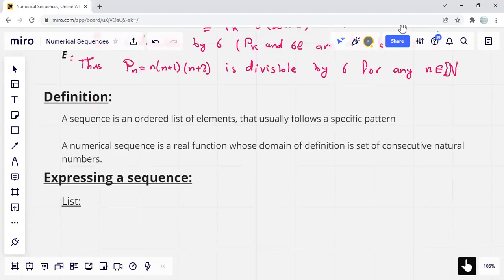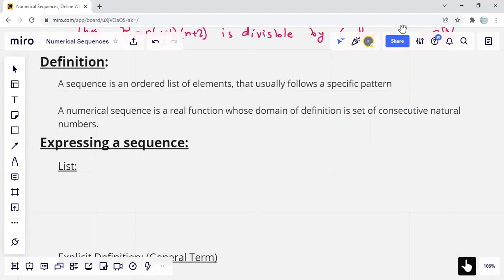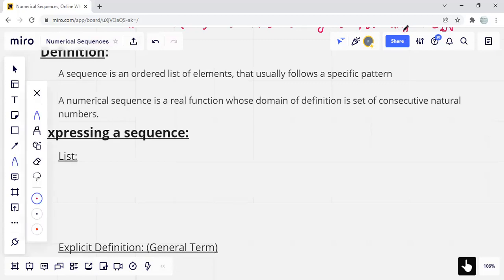And we learned 3 ways to express a sequence. The first method is listing. For example, we can list the sequence un. When we write un like this, it is the nth term of the sequence. When we write un in parentheses, this is the sequence, the name of the sequence un.